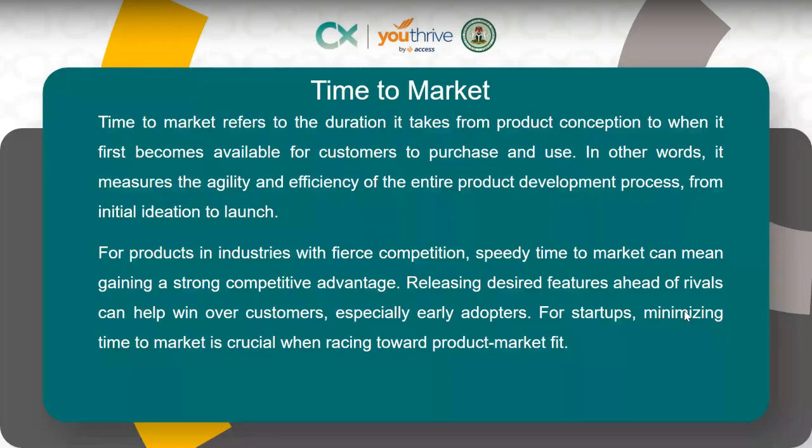You'll be measuring some trend in the market and seeing that users are demanding a particular feature, or there's a particular need that needs to be solved in the market in the context of the product that you have. The ability to quickly put that into the market, solve it, understand how to create a better approach to it and bring it to the market is very important. So releasing desired features ahead of rivals can help win over customers, especially early adopters. So let's say you've been seeing this feedback, this trend, and none of your competitors have it yet.